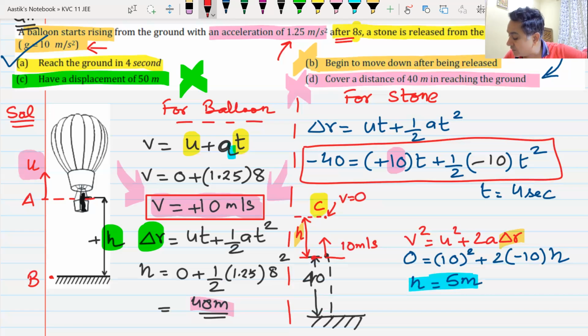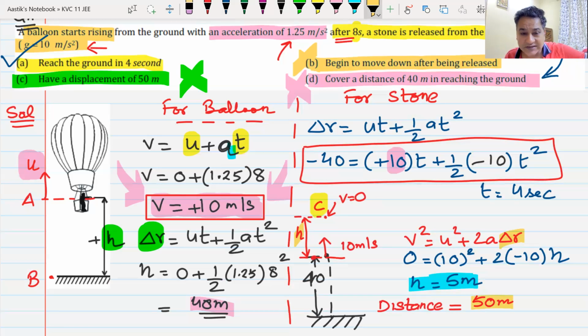What is the distance traveled by the stone? 45 meters, sir? 50 meters, sir? Because when it goes up, it also comes down, my dear friends. Goes up 5 meters, comes down 5 meters, then goes down 40 meters. Therefore, the distance traveled is 50 meters.